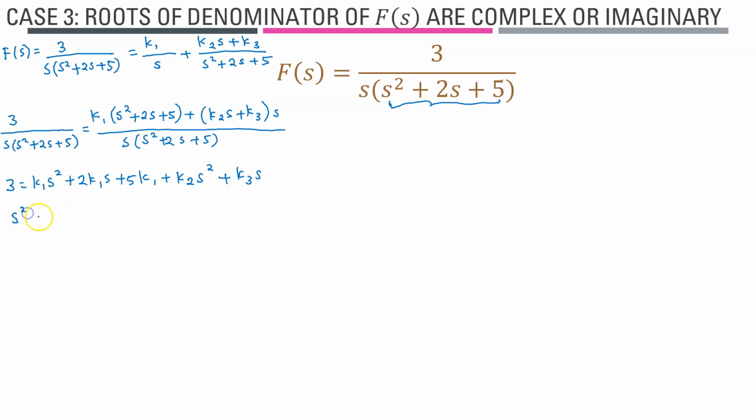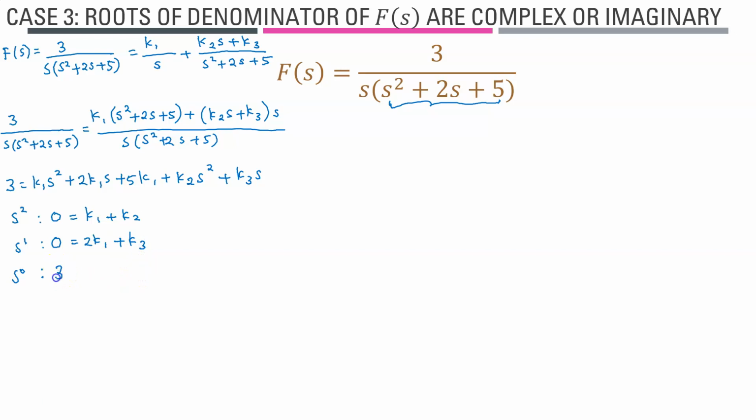So the highest order of s is to the power of 2. So we have s squared, s to the power 1, s to the power 0. On the left hand side, we don't have s squared, so we write 0. Here we have K1 plus K2. Similar for this one, 0 equals 2K1 plus K3.